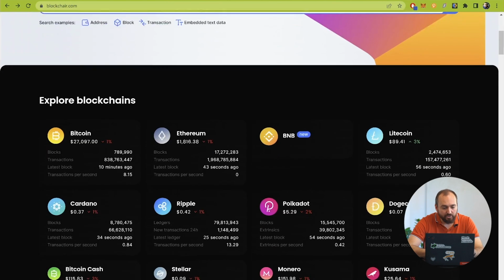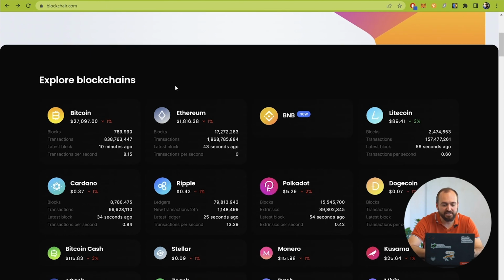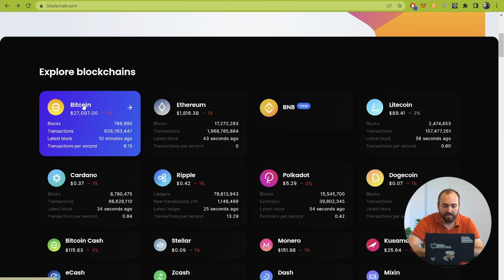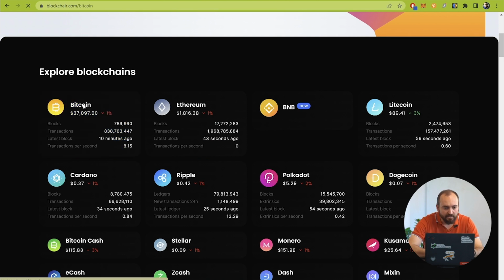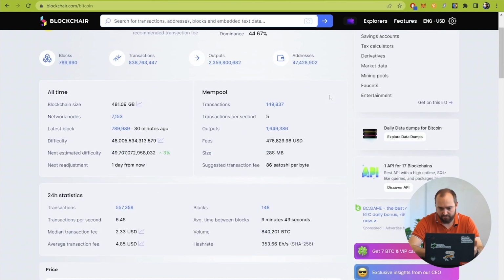The blockchair.com website has information about different cryptocurrencies and gives an API for collecting information about the block size, the time, and so on. Let's check Bitcoin, and here we can see more technical information than the Coingecko website gives us.